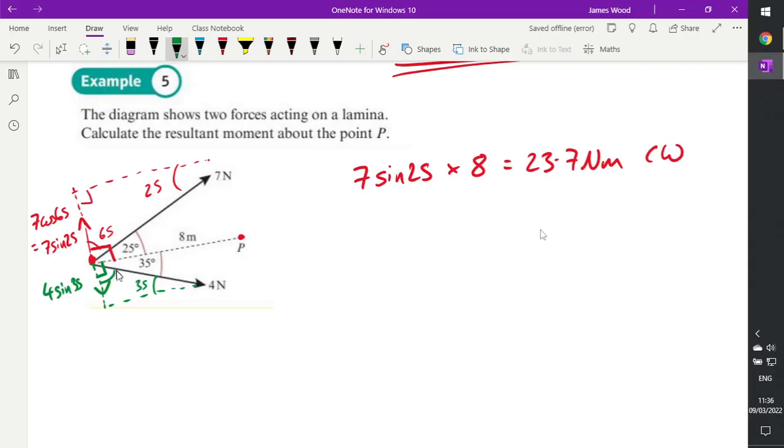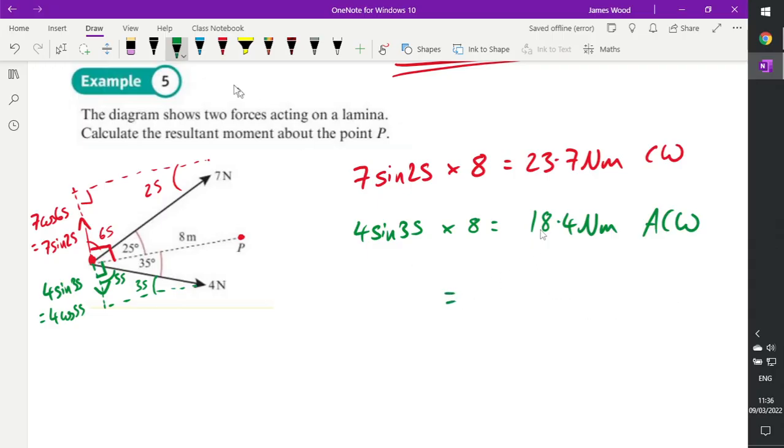Or this angle here, the little curved bit in there, is 90 minus 35, which is 55. So then that would be 4 cos 55. Okay, both of these values are the same. So I've got 4 sine 35 times distance of 8, which gives me 18.4 newton meters, and that is going anti-clockwise.